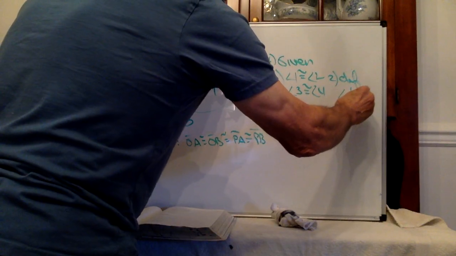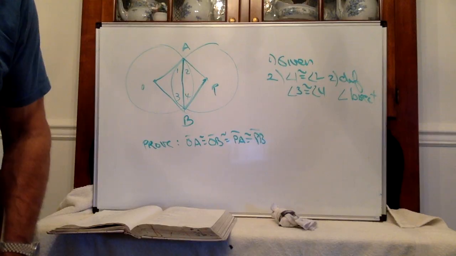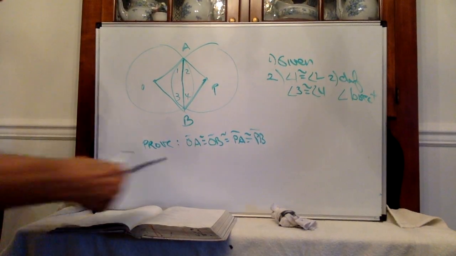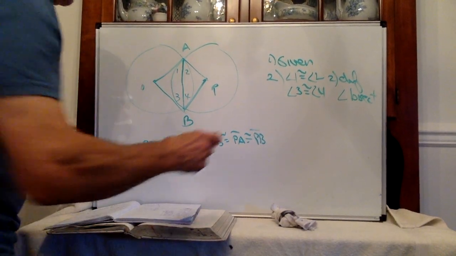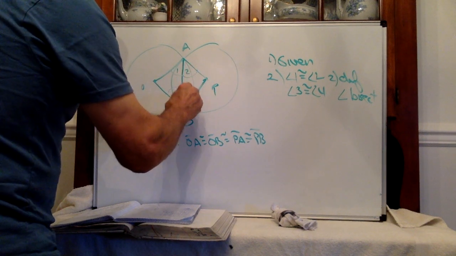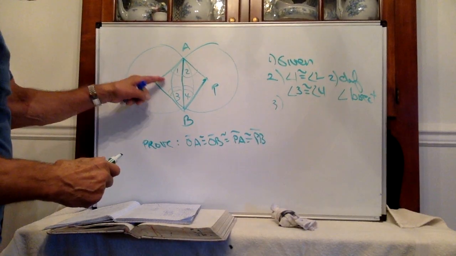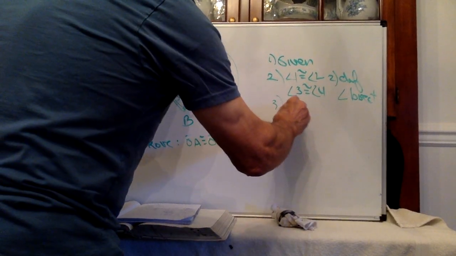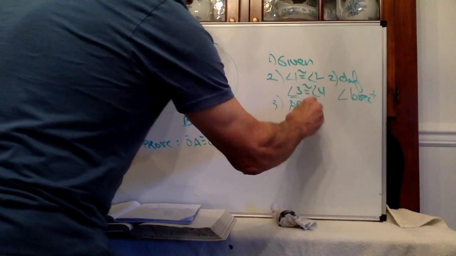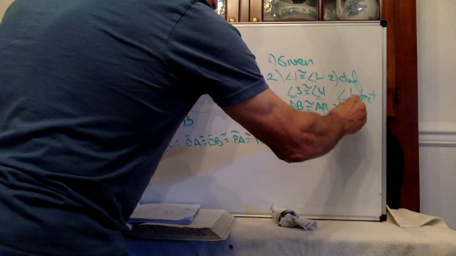Definition of angle bisector: an angle is bisected if it's cut into two congruent pieces. Which then gives me one more step. AB is congruent to itself. Reflexive or identity.